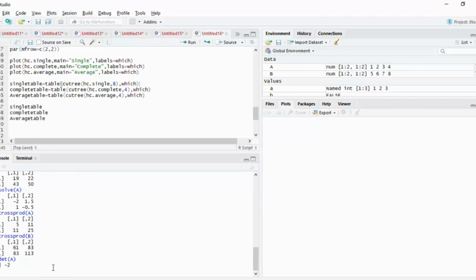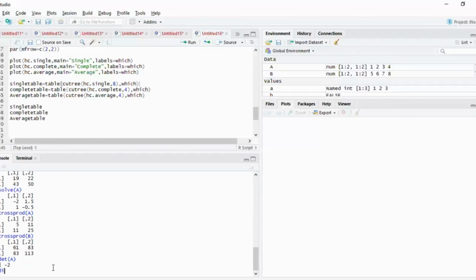So you remember how to do multiplication. You should remember what solve is. Solve is nothing but inverse. Cross product is nothing but the same matrix transpose multiplied by the same matrix: B transpose into B, A transpose into A, X transpose into X. Okay.